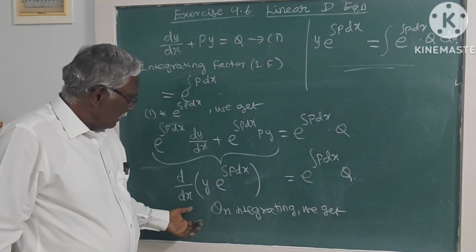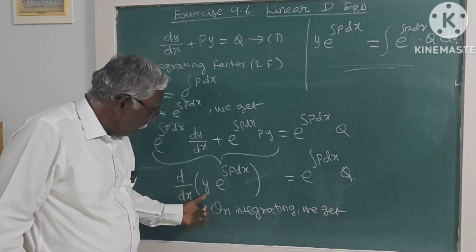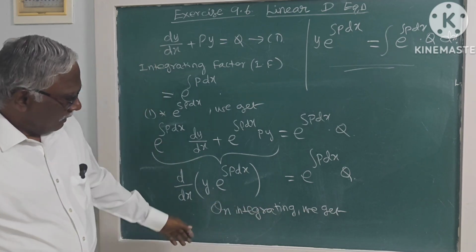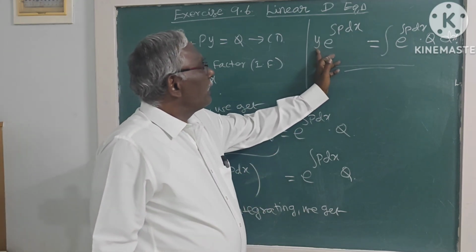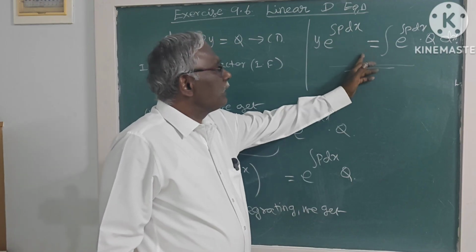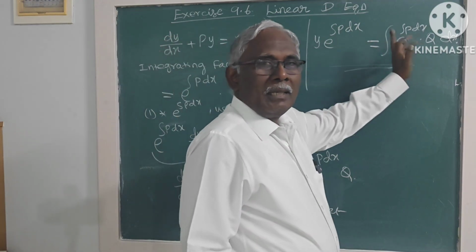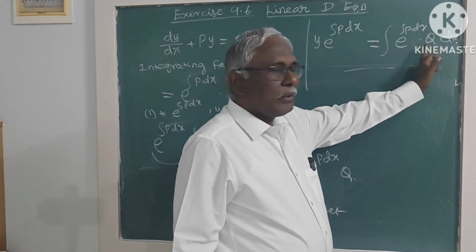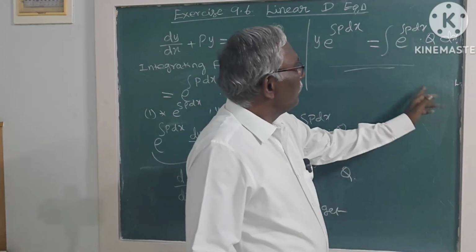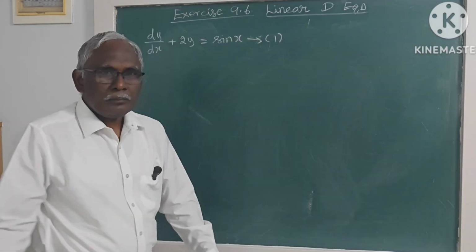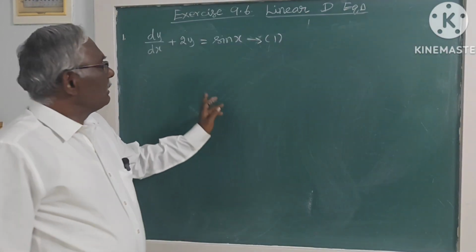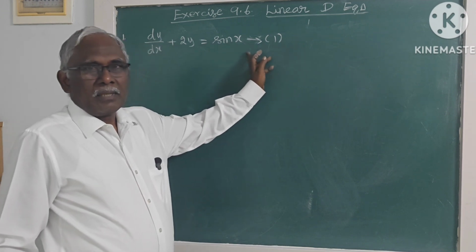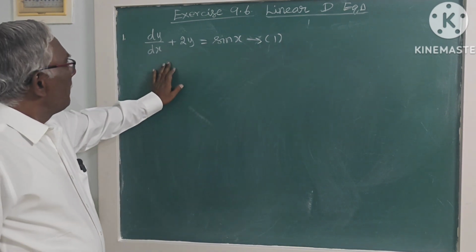Then the left hand side becomes d by dx of y into integrating factor. On integrating we get y into integrating factor is equal to integral integrating factor into q into dx. We have to evaluate this integral. We have to find the general solution of this first order linear differential equation.